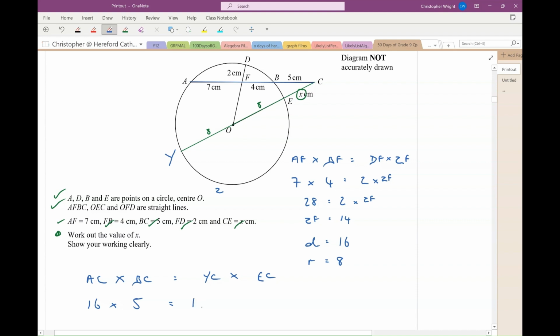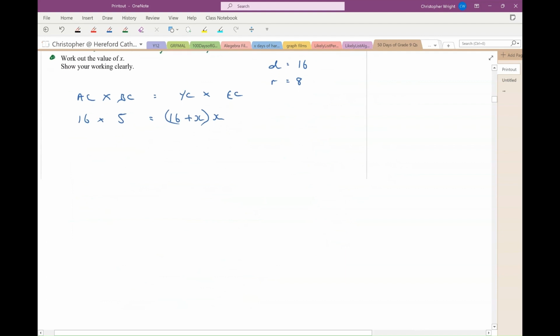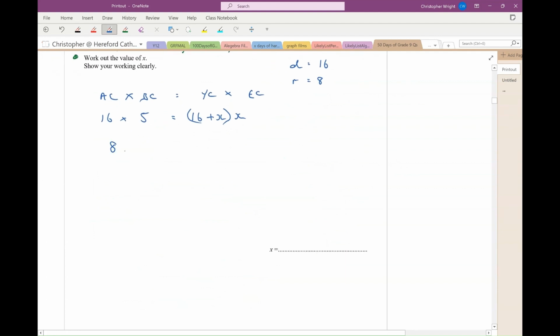So that's 16 plus x multiplied by EC, which is x. Look at this. I think I'm going to get a quadratic equation. Let's have a look. So I've got 80 equals 16x plus x squared. So I've got x squared plus 16x minus 80 equals 0. Can I factorise this?